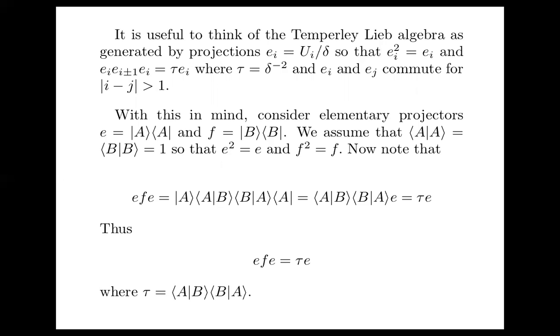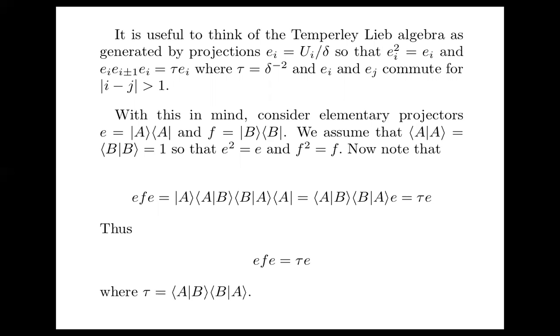Look at EFE. You get the ket A, then you get the ket bra A, you get the ket bra B, you get the ket bra A again, and in the middle you get the inner product of A with B and the inner product of B with A, the absolute square of the inner product of A with B, times E. So there's tau. So tau is that product of inner products.